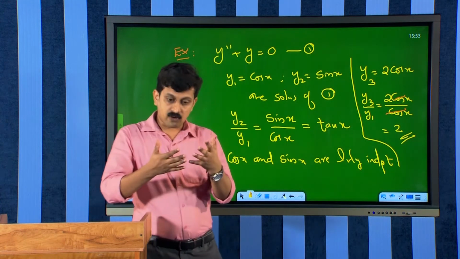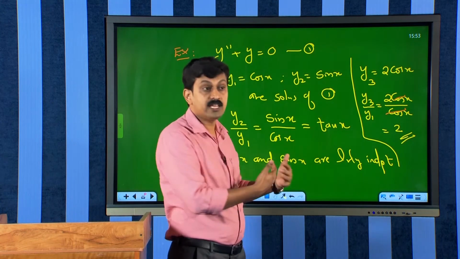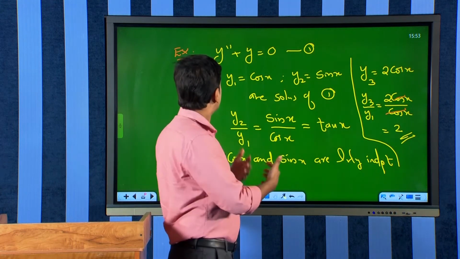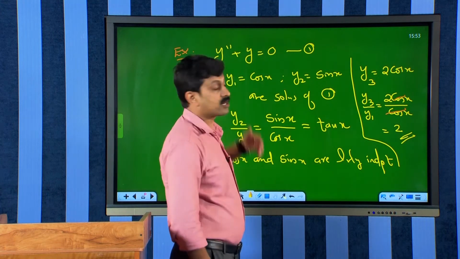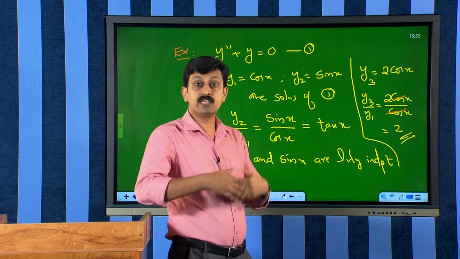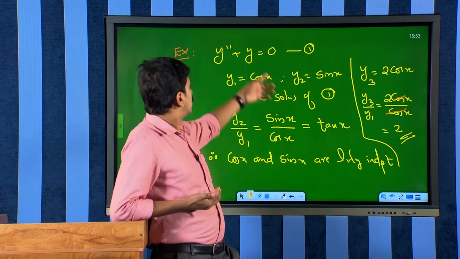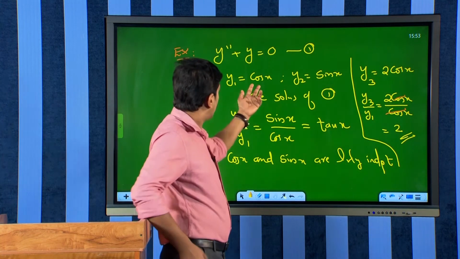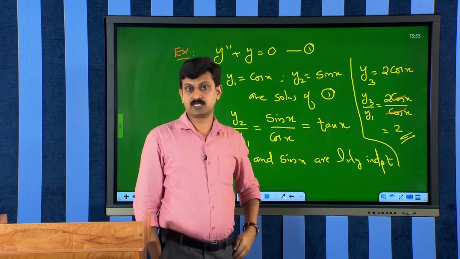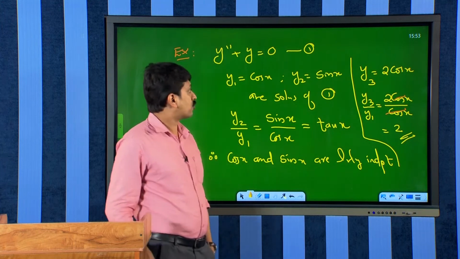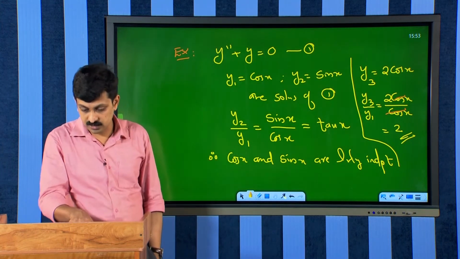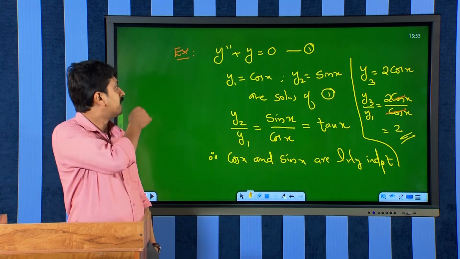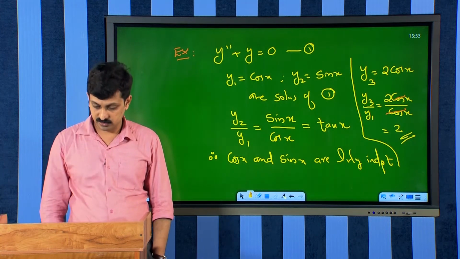So what we found is that they are linearly independent solutions of the second order linear homogeneous differential equation. These functions form a basis. So cos x and sin x are called a basis of this differential equation.